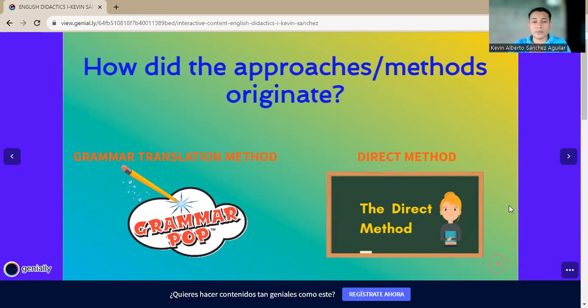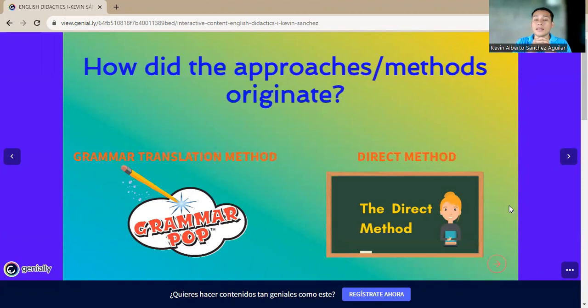Well, to start, let me tell you that the first method that they created was the grammar translation method. This method started in Greece, and it focuses on translating activities. Basically, this method is about just translation, from the mother tongue language to the target language and vice versa.